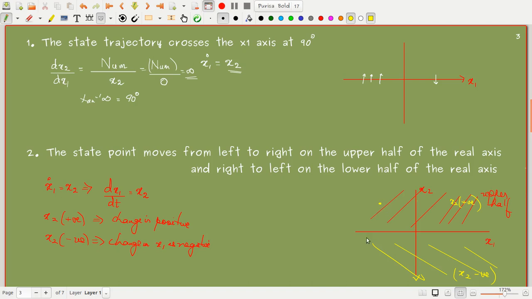Suppose I am here at -3, if I want to increase x1, I have to move towards maybe -1 or -2. If x2 is 2 at this point, that means the slope should go to -1.